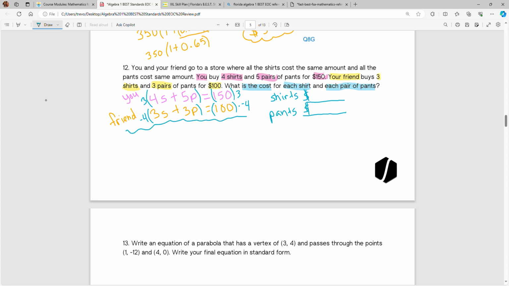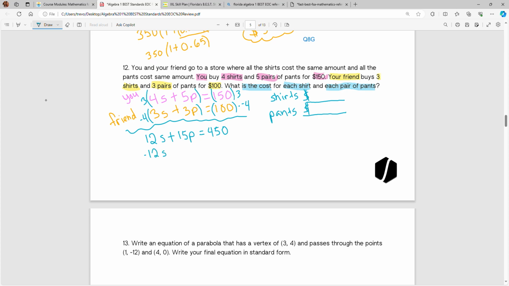So 3 times 4s is 12s. Positive times positive. 3 times 5 is 15p equals 150 times 3 is 450. And down the bottom, -4 times 3 is -12s.